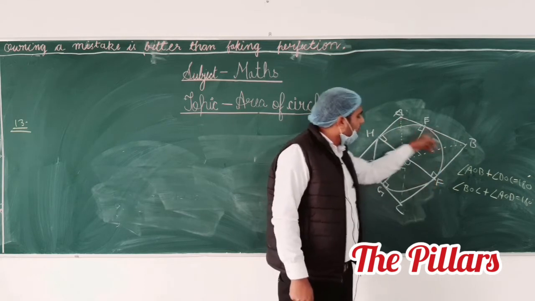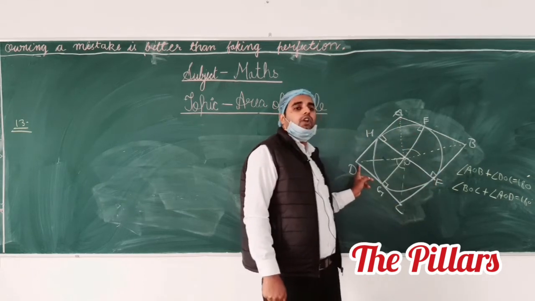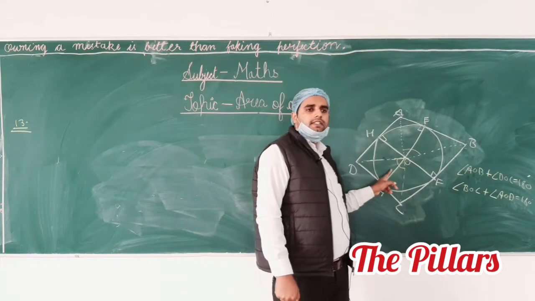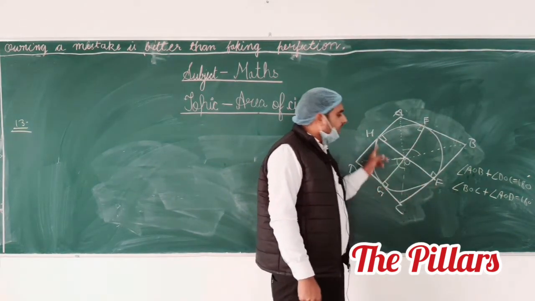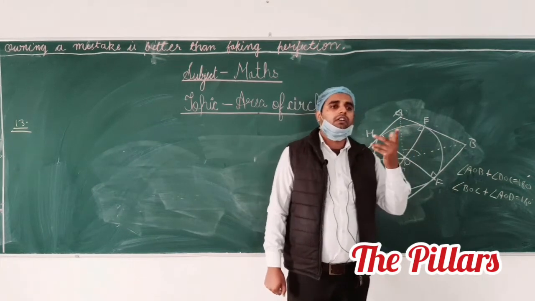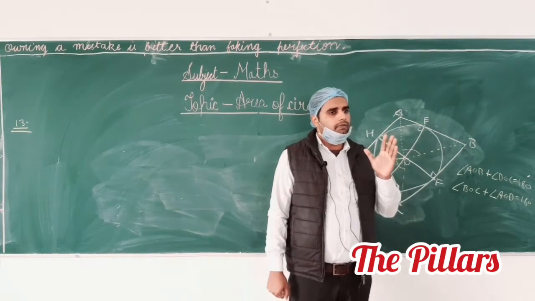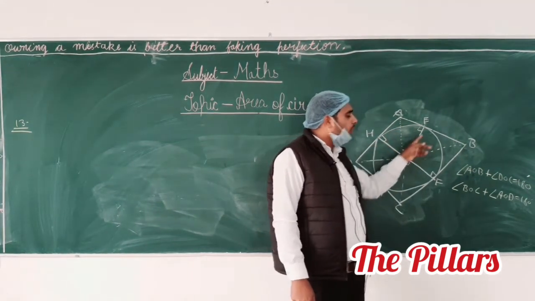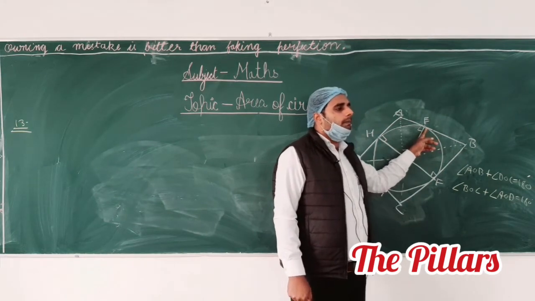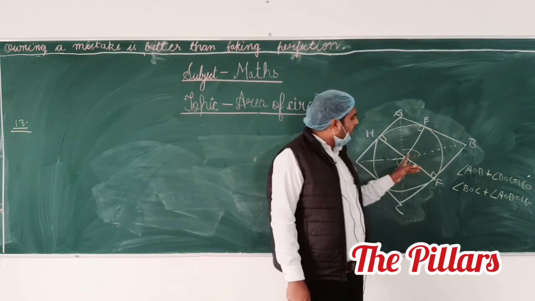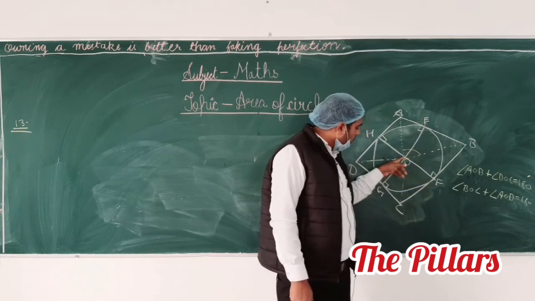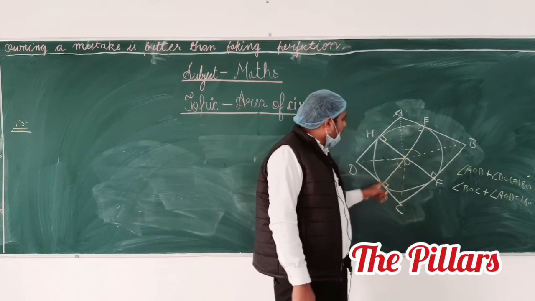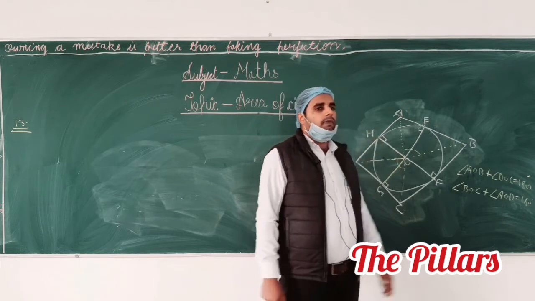A, B, C and D are the external points of the circle, and E, F, G and H are points of contact. Till here, does anyone have any problem? You know that whenever we join the center to the point of contact, this is always perpendicular. This we have to prove in the theorem. Similarly OE is perpendicular, OF is perpendicular, OG is perpendicular and OH is perpendicular.